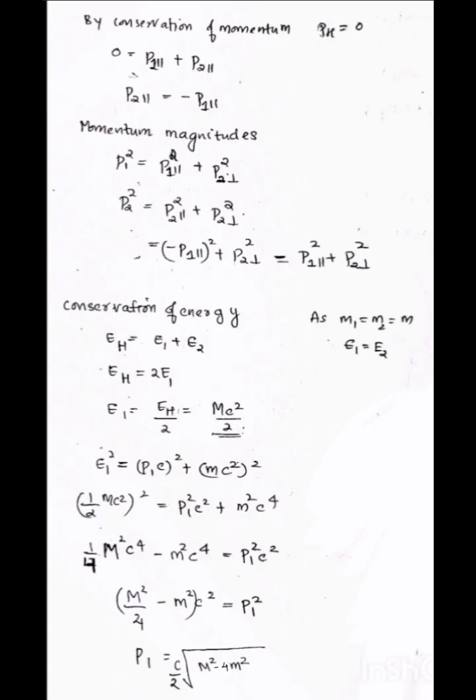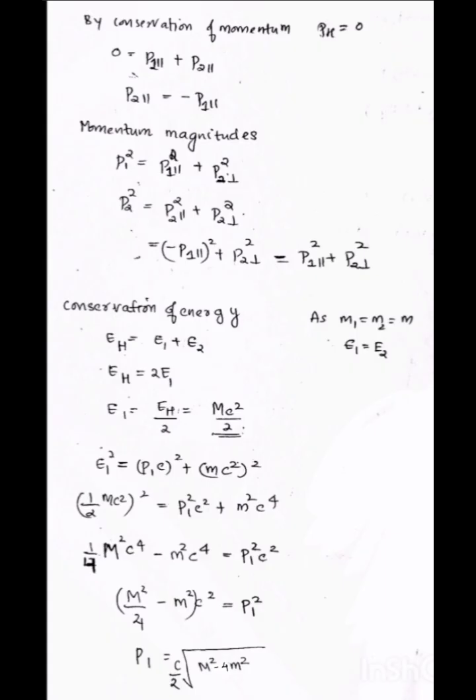Then by the conservation of energy, EH is equal to E1 plus E2. And here we know that M1 is equal to M2, that is, the masses of the two particles are equal, which is equal to m. So we can write that the energy of the two particles is the same. That is, E1 is equal to E2. So we can write EH is equal to 2E1. That is, E1 is equal to EH by 2, which is equal to MC square by 2.